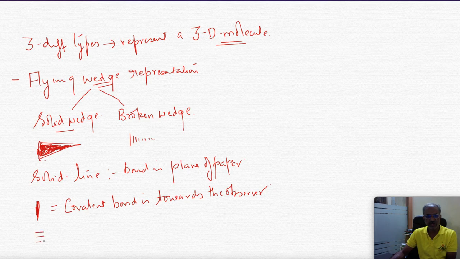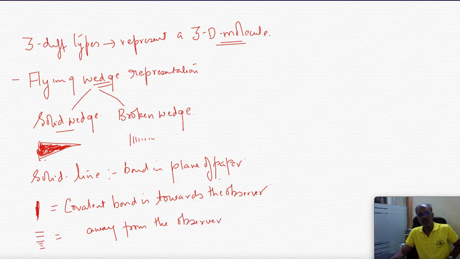And a dotted bond means away from the observer.